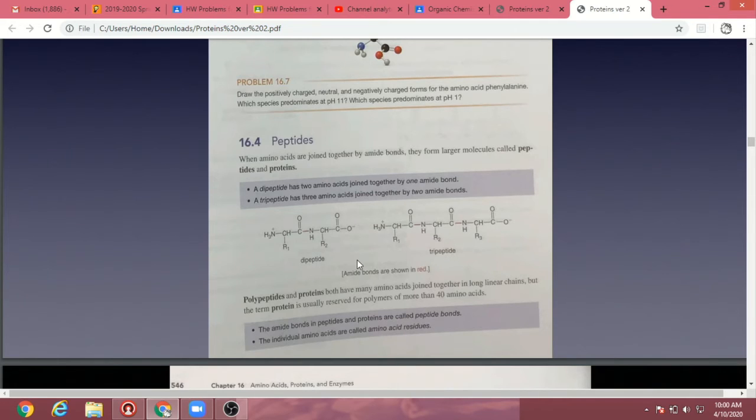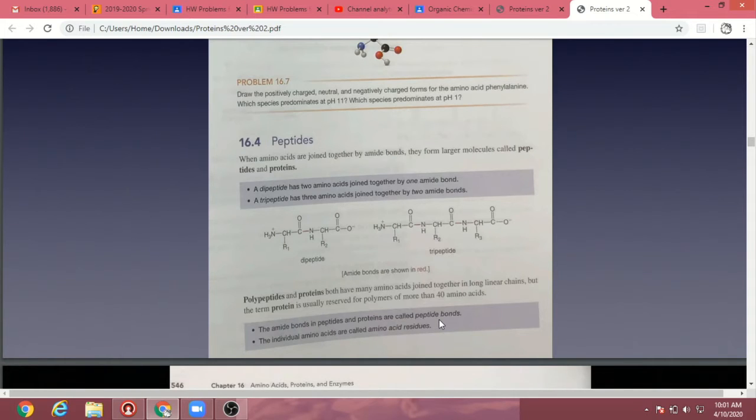As you guessed, the prefix di means you have two amino acids joined together, and tri means three. Proteins have many amino acids joined together in long linear chains, but the term protein is usually reserved for polymers of more than 40 amino acids, and considerably more than that on some proteins. The amide bonds in peptides and proteins are called peptide bonds.